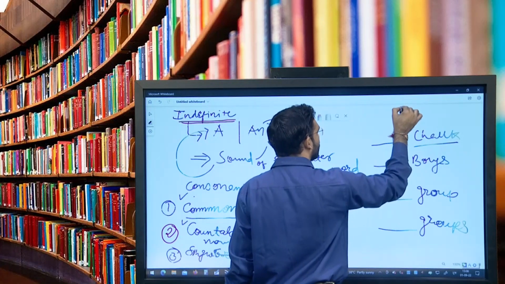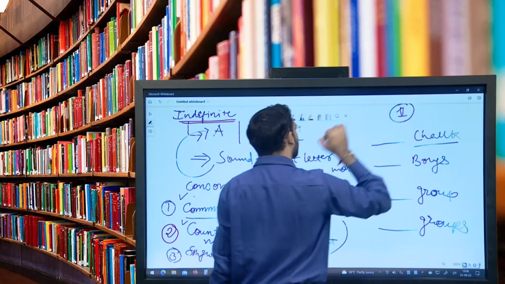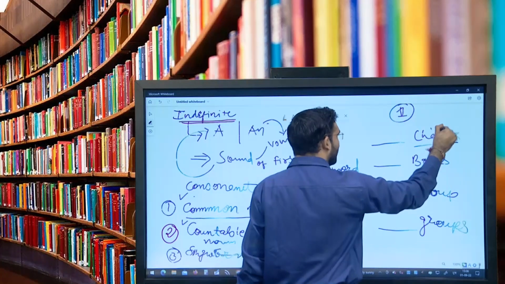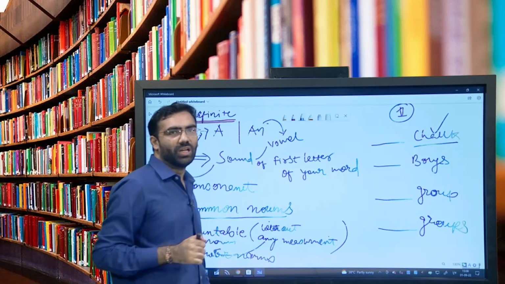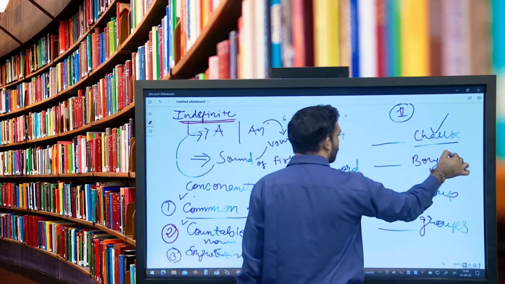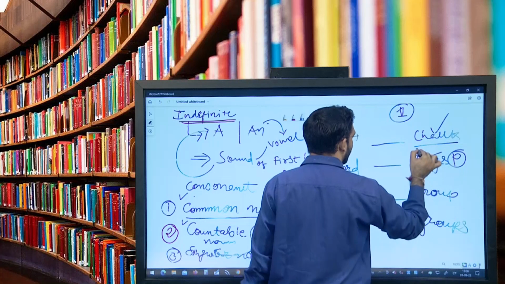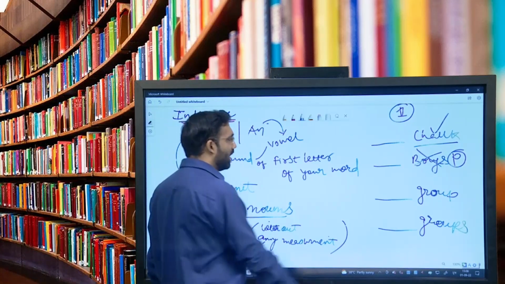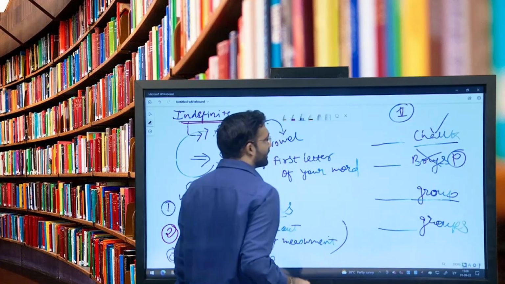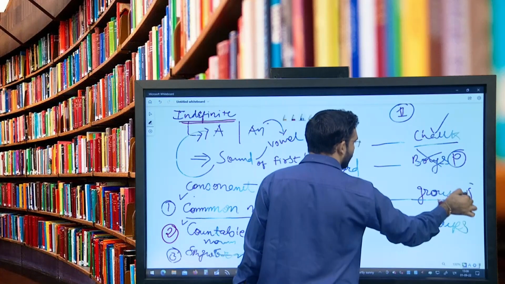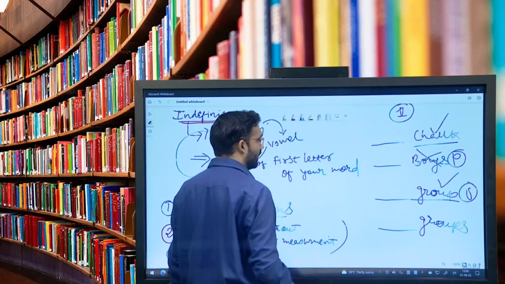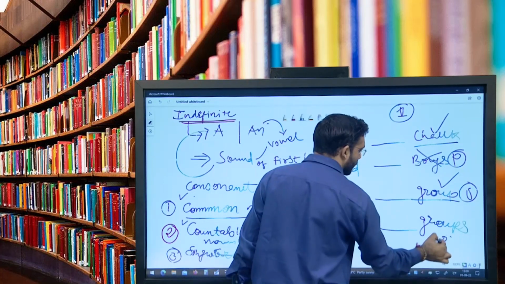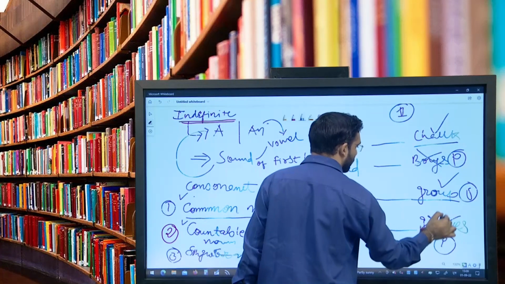Singular means one. This is singular. This is plural. You cannot use an indefinite article before that. Group? Singular. You can use it. Groups is plural.